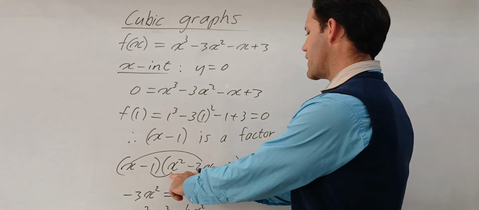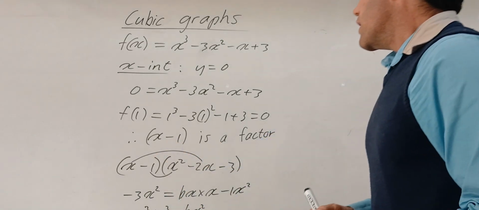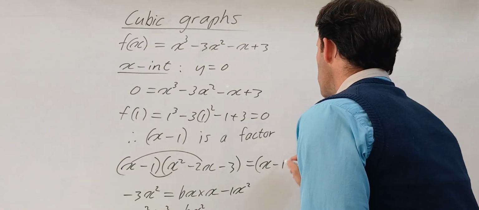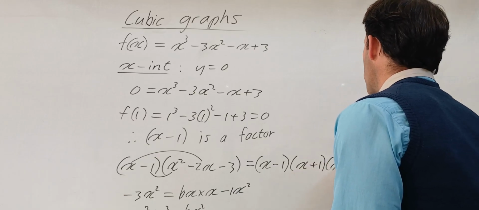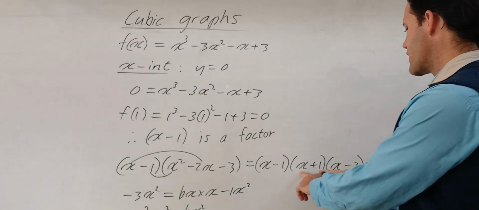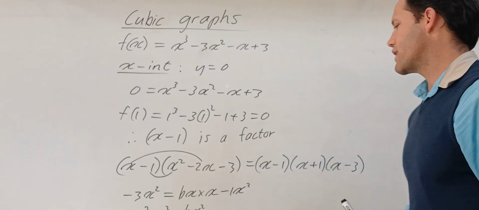Now we can say it's going to be x minus 3, x plus 1, the other two brackets. Okay, so when you factorize this now, you get x minus 1, x plus 1, x minus 3. Okay, x plus 1 times negative 3 is negative 3, plus 1x minus 3 gives you negative 2x.